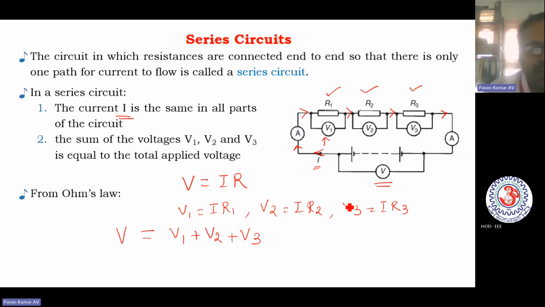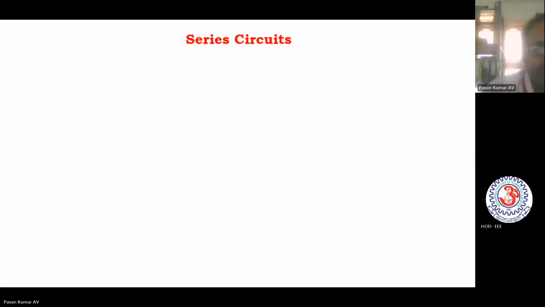Now from this we can derive the formula to find the total resistance. The total voltage V is equal to total current I multiplied by R total, the total resistance of the circuit.